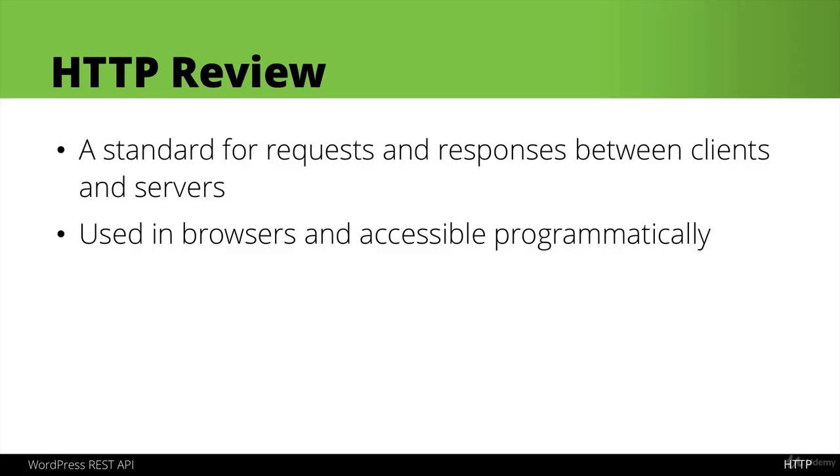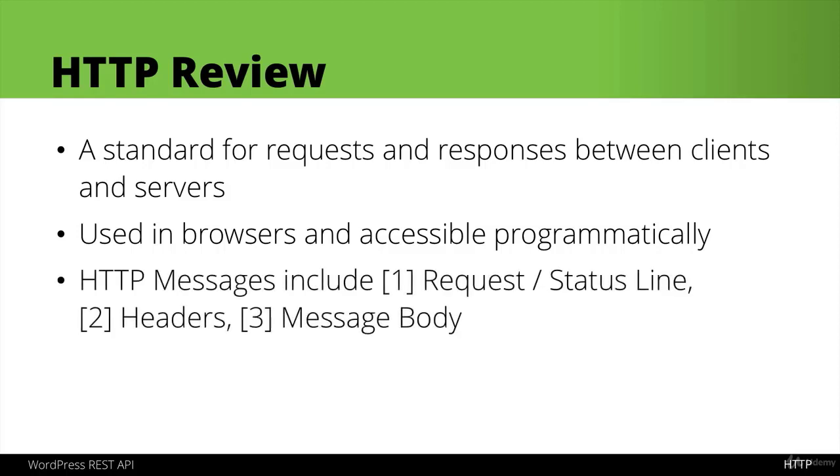We could hook into it with JavaScript as well as other programming languages like PHP and a lot more that we'll look at. And then we talked about HTTP messages and how they include request or status lines, headers, and message bodies. And it's important that we understand these three parts as we get deeper into the WordPress REST API and really using it and interacting with it.